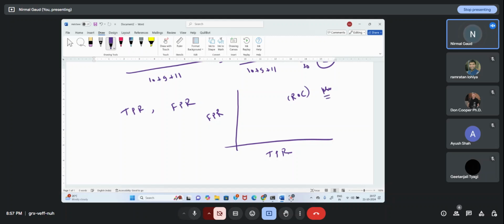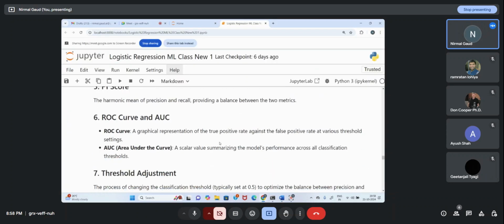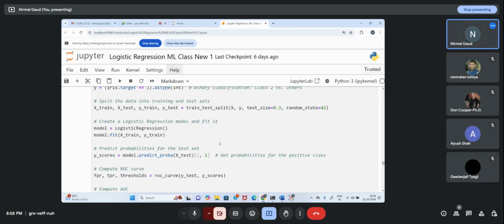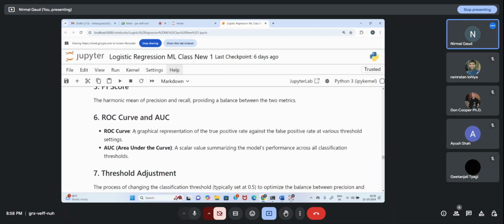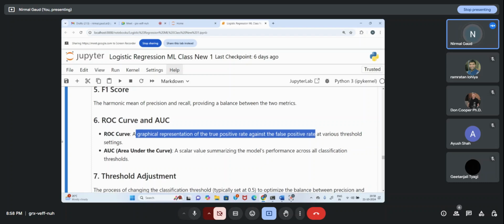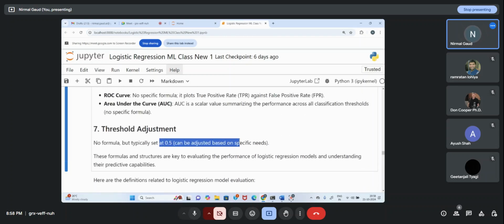What is your true positive rate? Is there a formula for it? No. See, it is a graphical representation of the true positive rate against the false positive rate at various thresholds. Currently, the threshold is 0.5 for us.